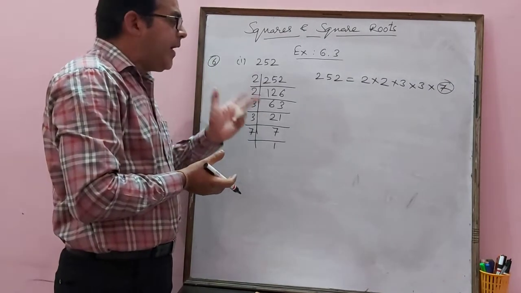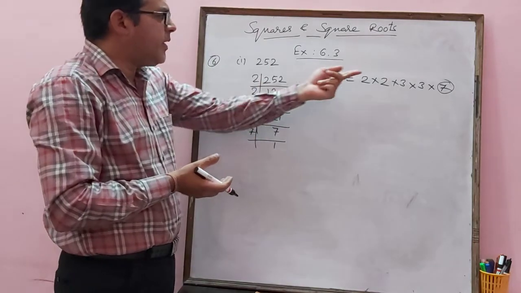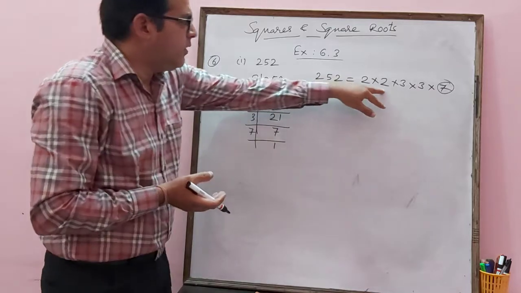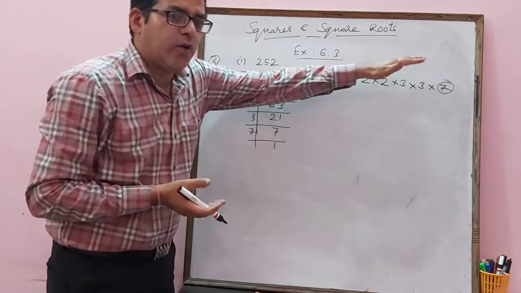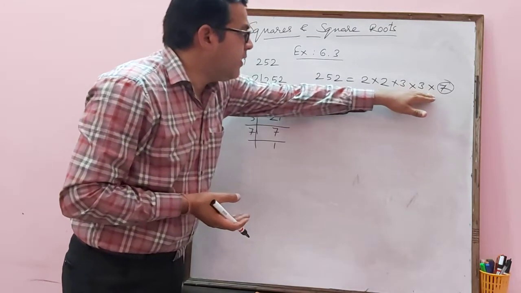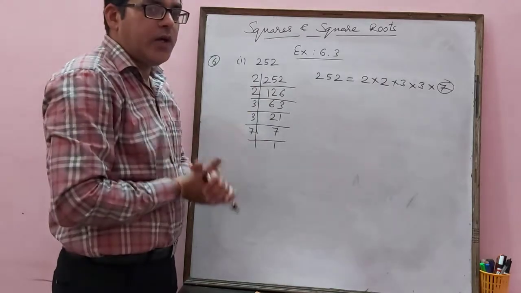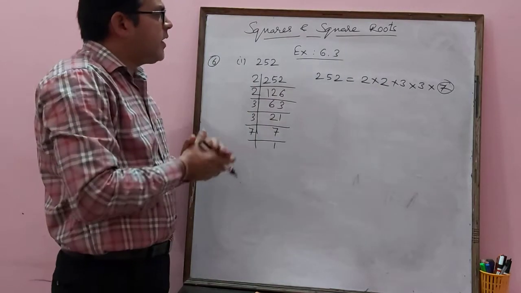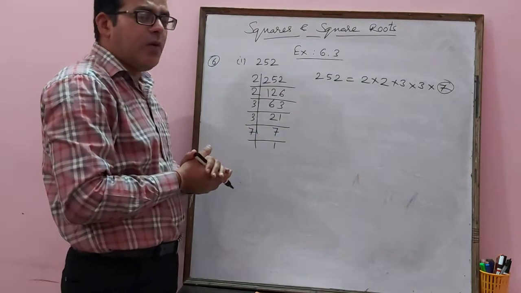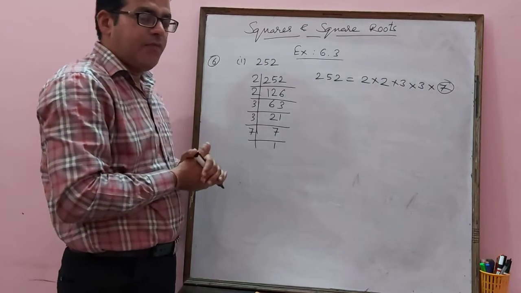So we can make this number a perfect square in two ways. Either we can multiply it by 7, or if we can remove 7 from this prime factorization, then we can also make it a perfect square. Remove means if we divide by 7, we can remove this 7. Hope you understand. So 7 is extra there. So if we divide by 7, we can remove this 7 from the list of prime factors.